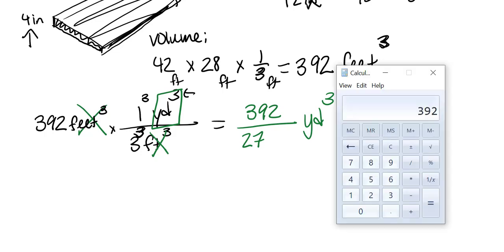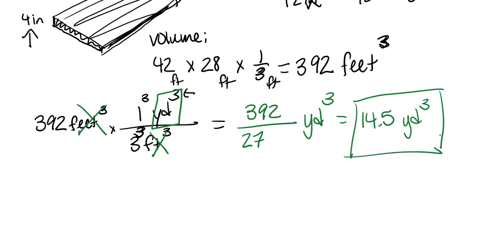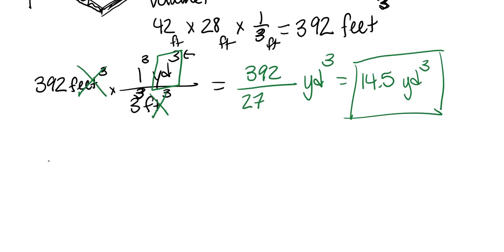So let's do our calculator, just now divide by 27, and we get 14.5, because remember we're going to round to the nearest tenth. And this is for cubic yards. So that's how much you're going to need. So 14.5 cubic yards.